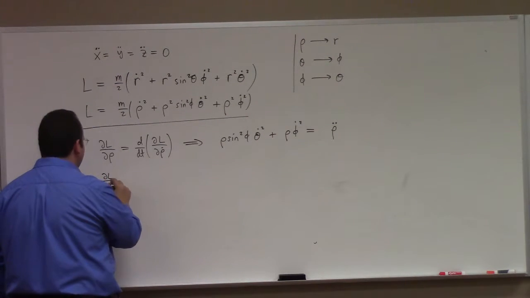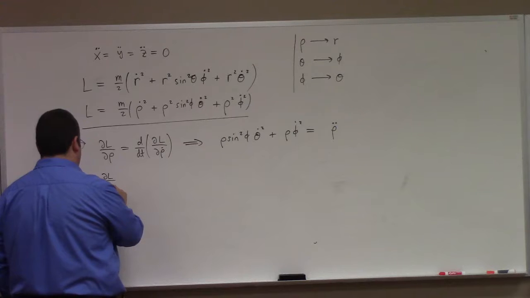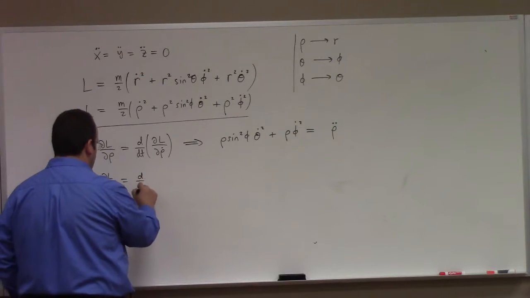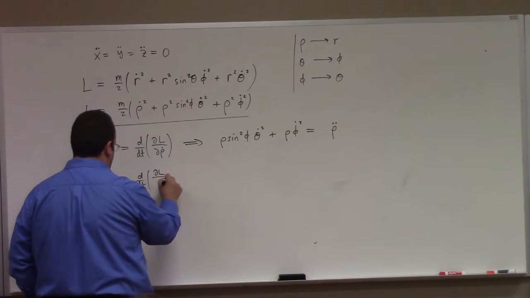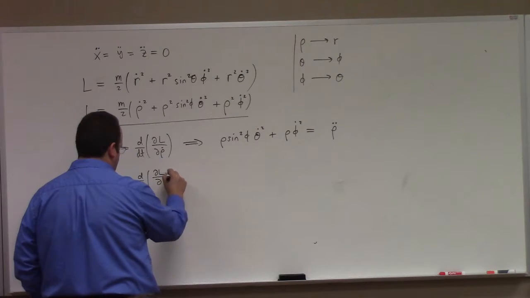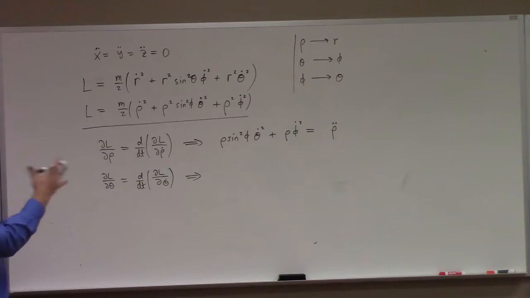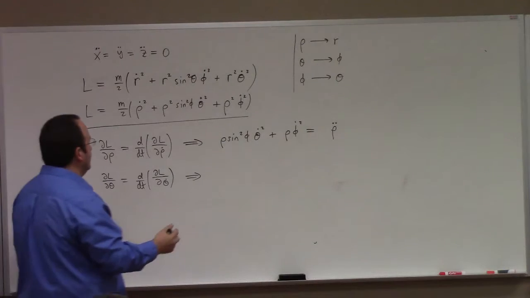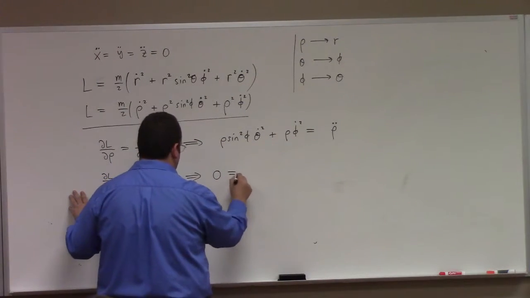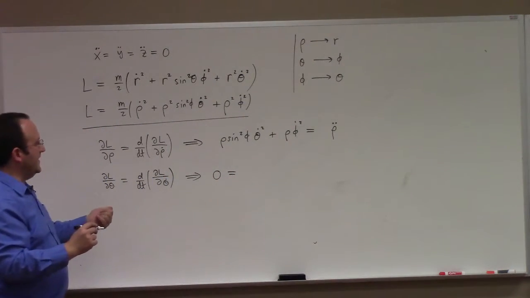Partial L, partial theta equals d/dt of partial L, partial theta dot. Partial L, partial theta is 0. Yay. On the other hand, theta dot is what?